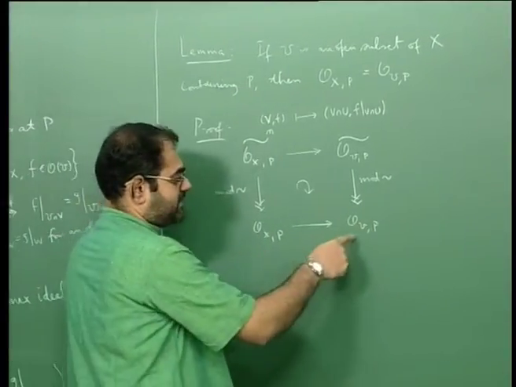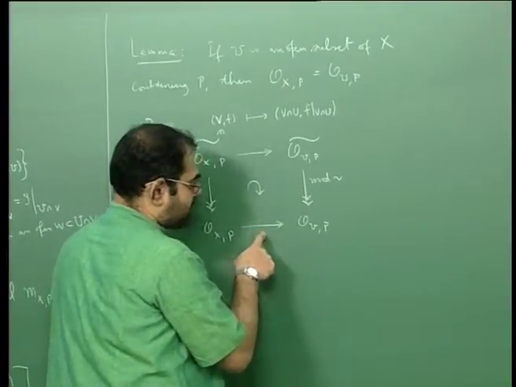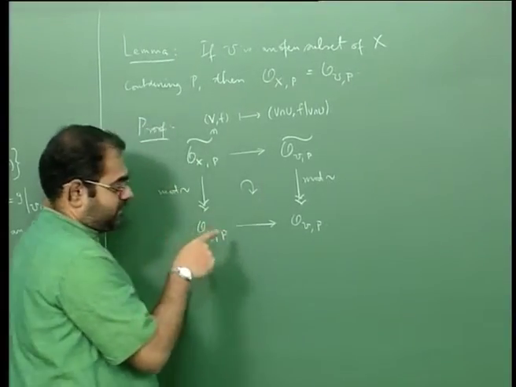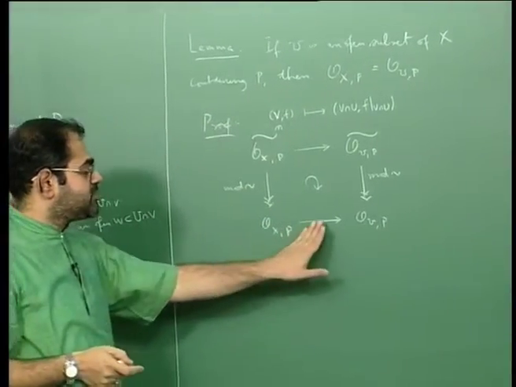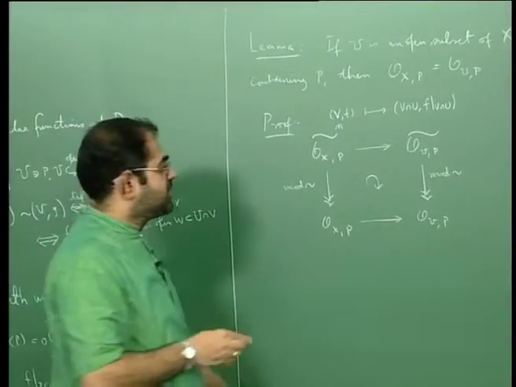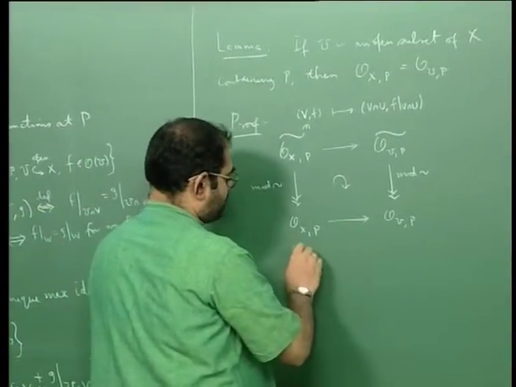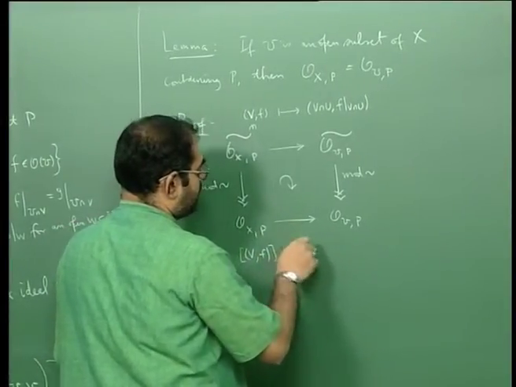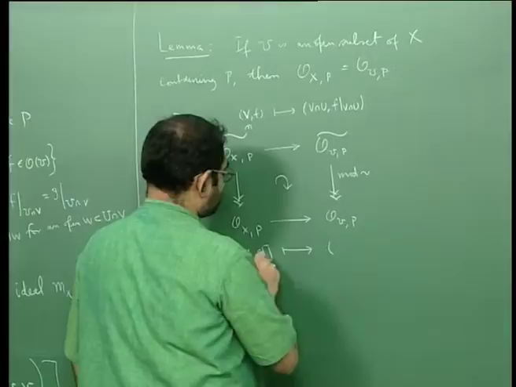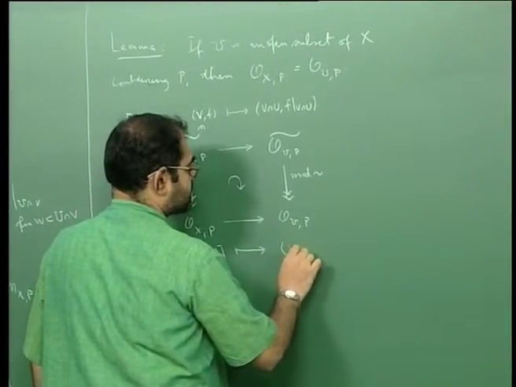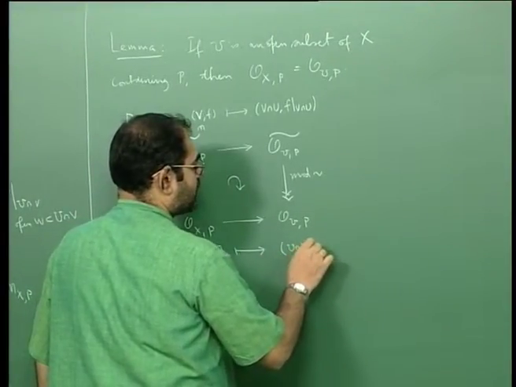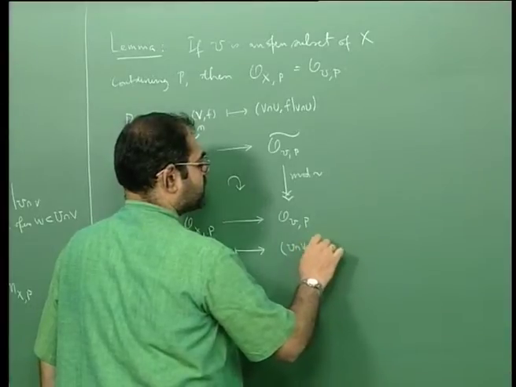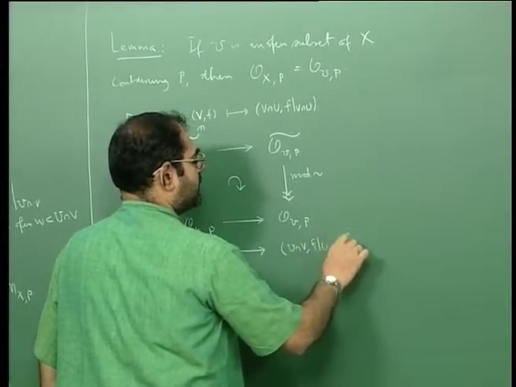So you have a map like this, and then you can explicitly check that this map is both injective and surjective. If I have a germ of a function (V, f), the map is going to send (V, f) to (U intersection V, f restricted to U intersection V) and germ.